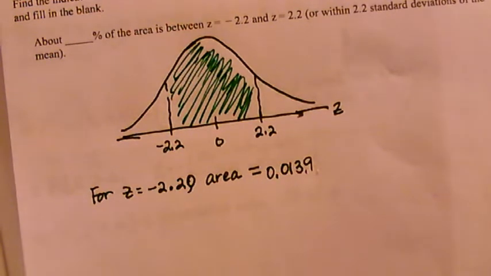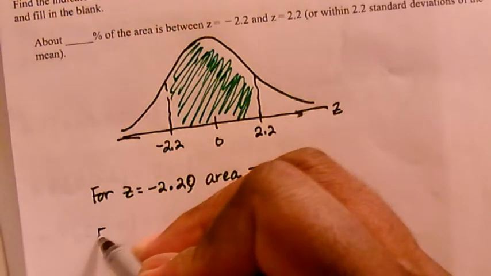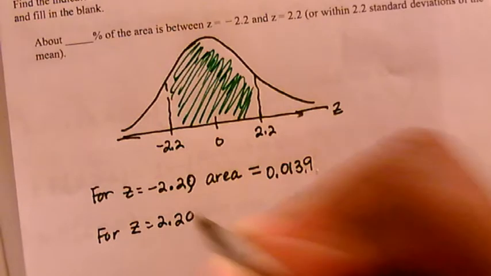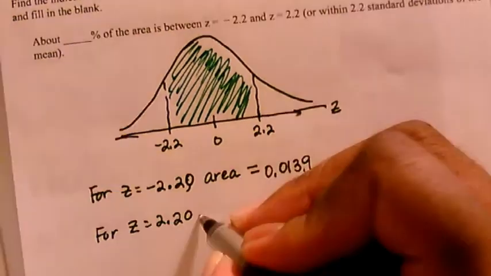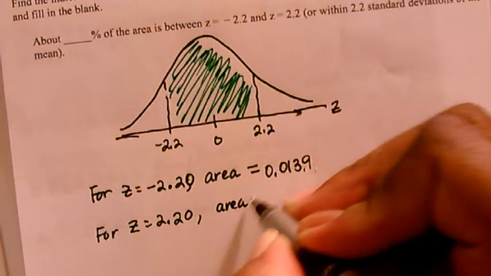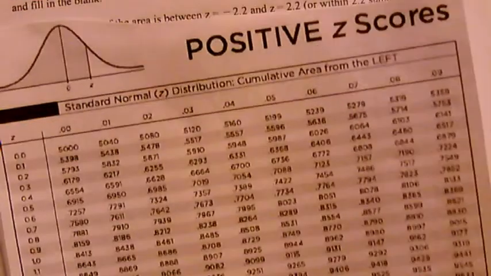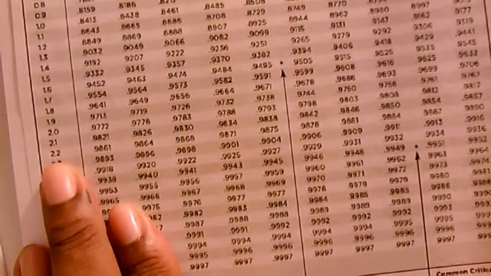Okay, now for z is equal to positive 2, and I'm going to put 2.20 here. Now we want the area to the left of that. So 2.2, we have to look under the positive z-scores this time. So here's 2.2.